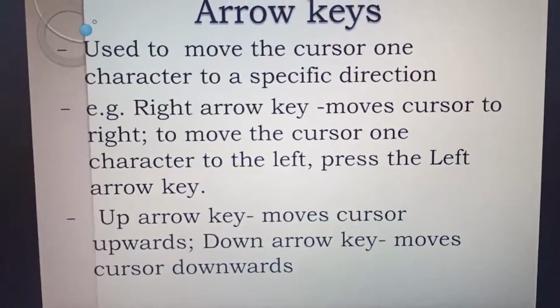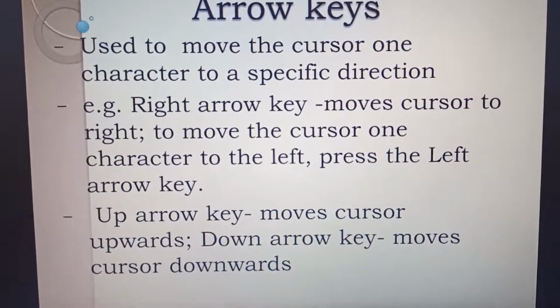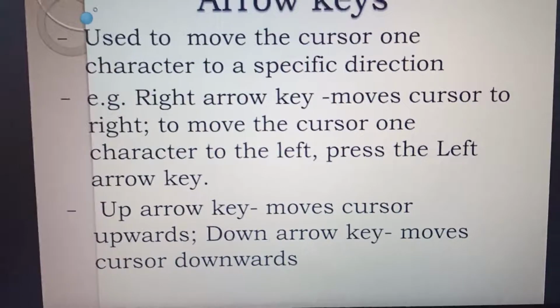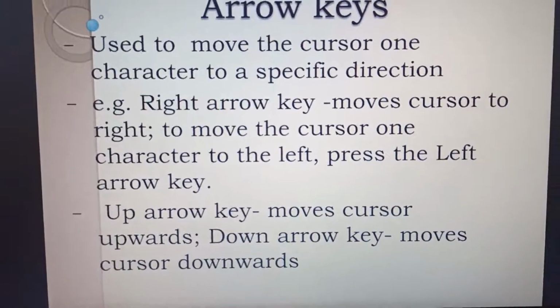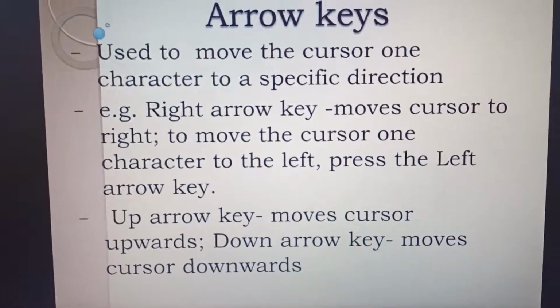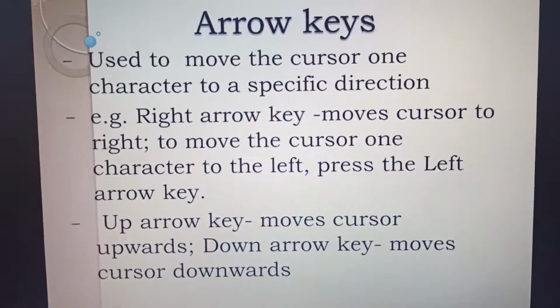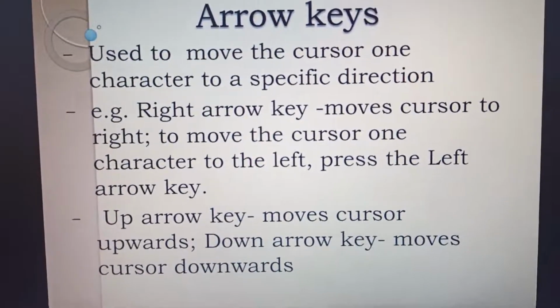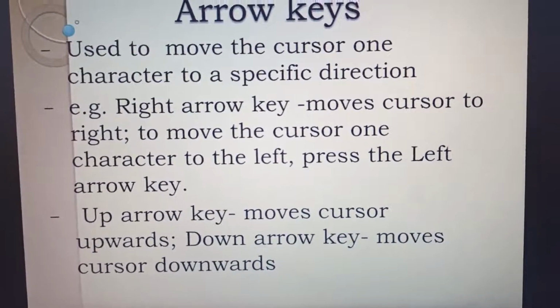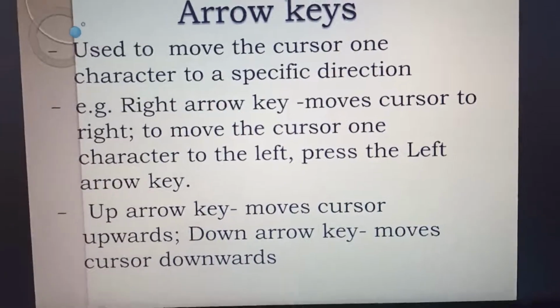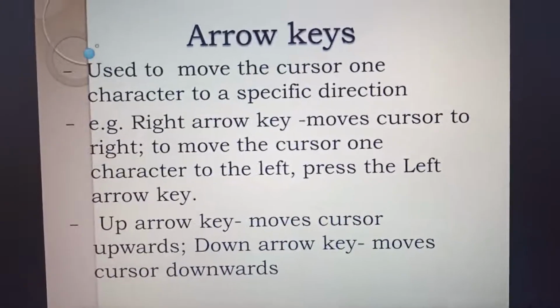If you want to move the cursor to the right, you press the right arrow key. If you want to move the cursor to the left, you press the left arrow key. If you want to move the cursor upwards, we have the up arrow key, and vice versa, we have the down arrow key.